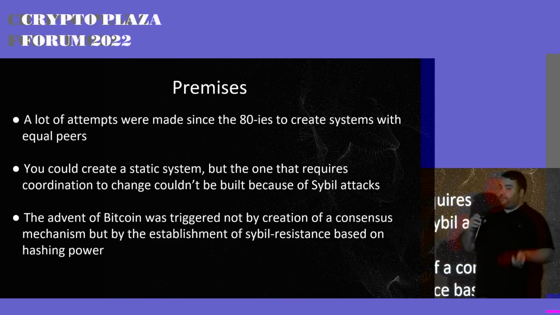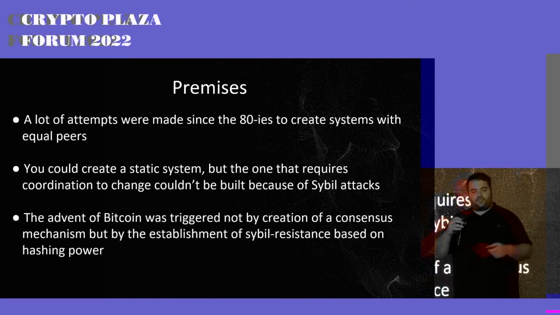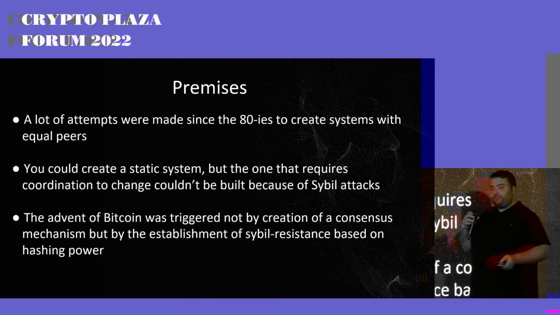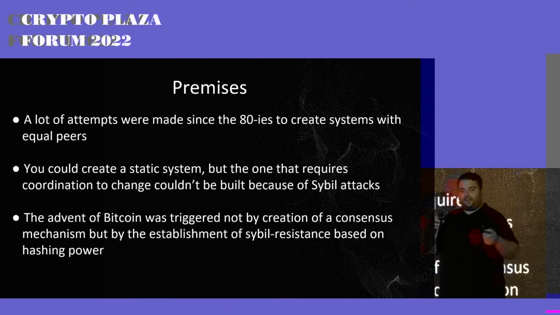So, what are the premises here? As you all know, decentralized systems have existed for quite some time. Not from the advent of Bitcoin itself, but actually from storage and exchange systems that existed in the 80s, the first BitTorrent protocols and IPFS systems. The peers in those systems try to be equal.